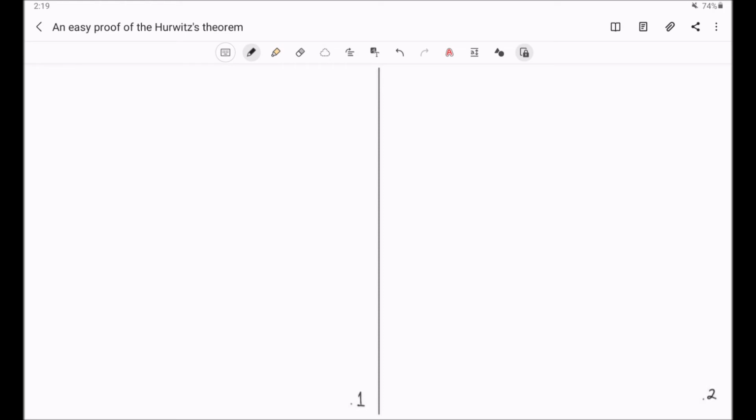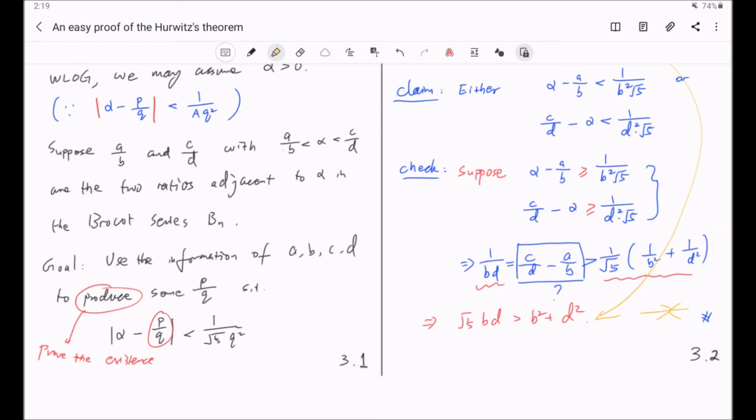There will be two cases. First, remember that alpha is assumed to lie between a over b and c over d.